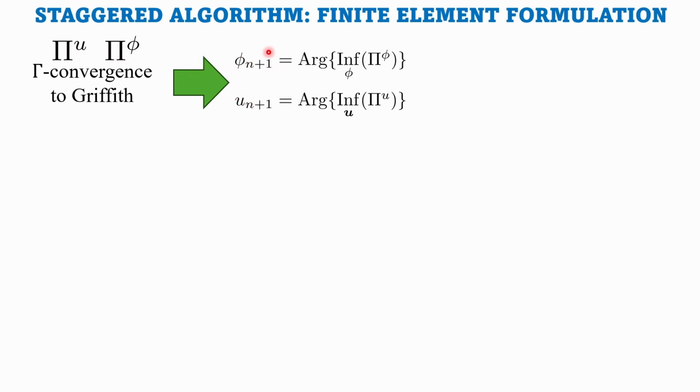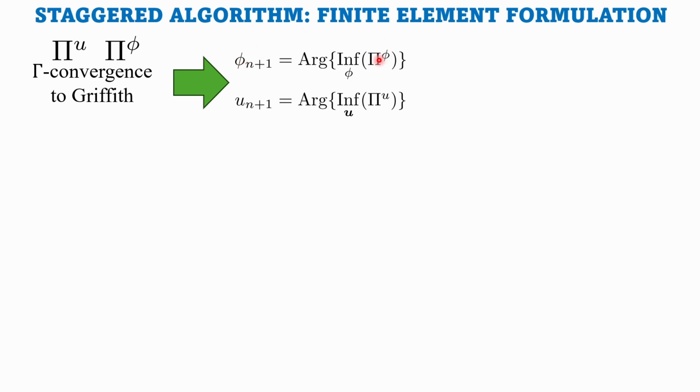So phi n plus 1 will be what? Argument under infimum of pi phi. INF is called infimum and ARG is the argument. So essentially, infimum of pi phi, this is the extremization problem and its argument is phi of the next time step.